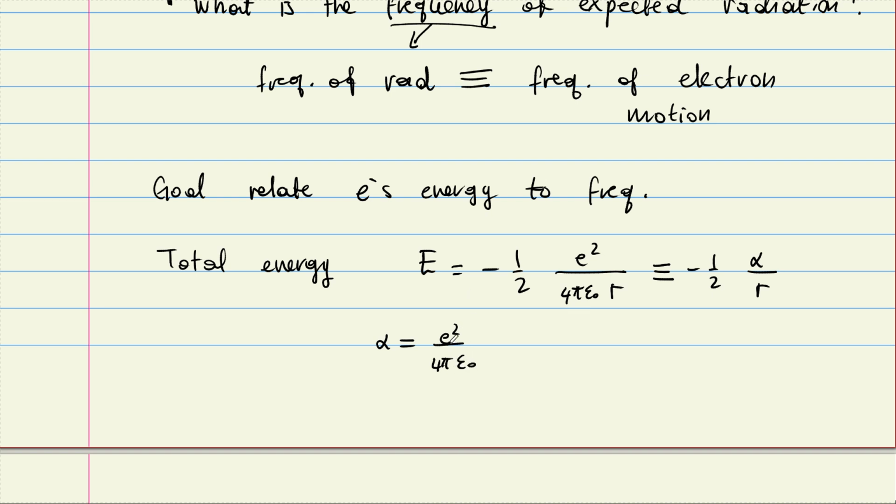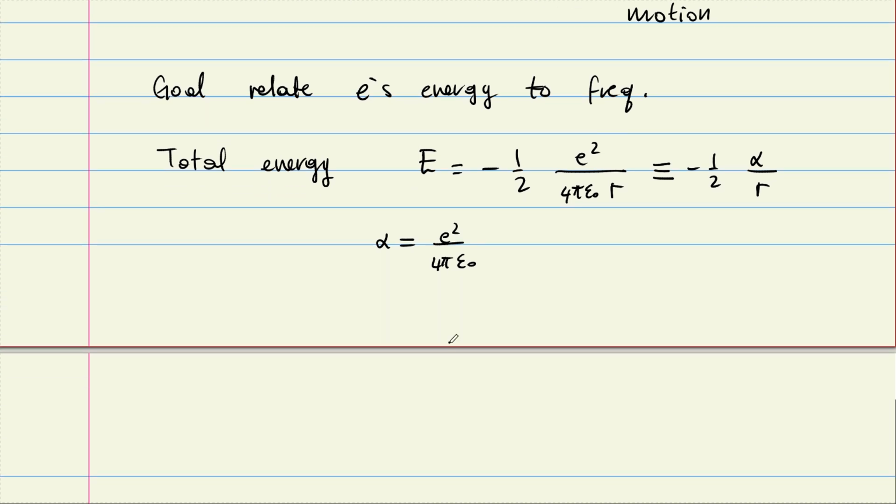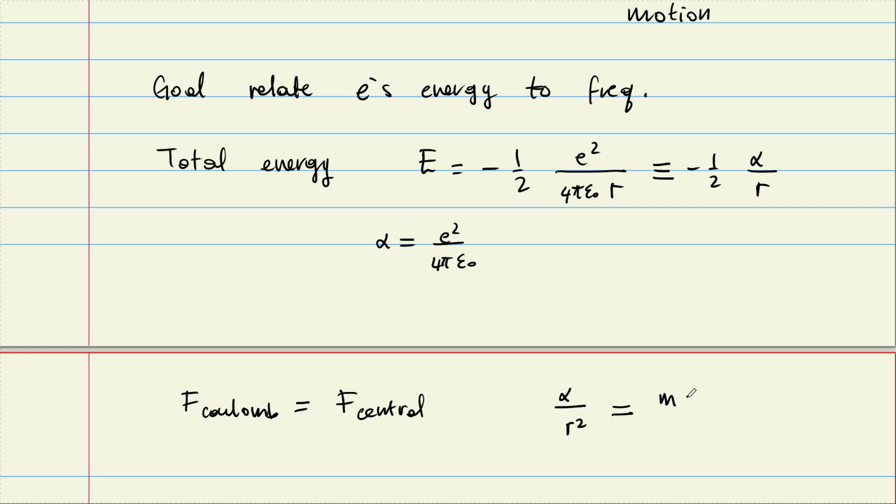I just don't want to keep writing this thing. So let me use the result we used last time. Let F Coulomb be equal to F central. Then alpha over r squared should be equal to m v squared over r.